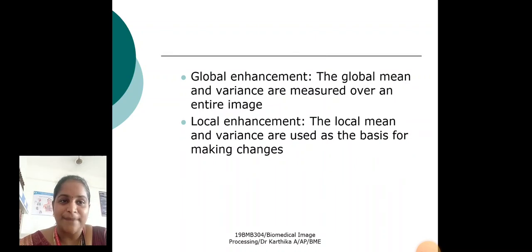In histogram processing, we have two types: global enhancement, and local enhancement. In global enhancement, the mean and variance are measured over an entire image. For local enhancement, the local mean and variance are used as the basis for making changes. And finally, histogram processing gives a highly enhanced, histogram equalized image as the output.